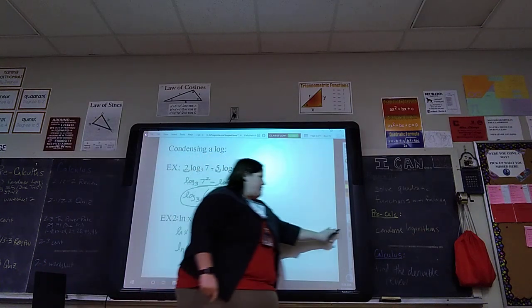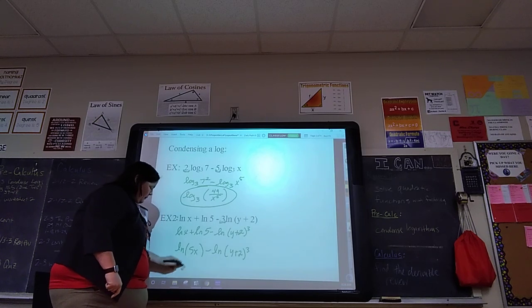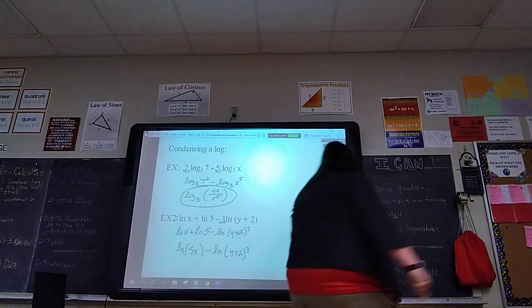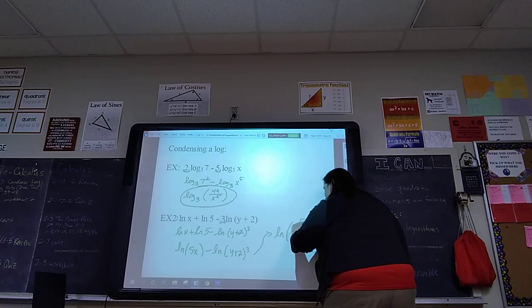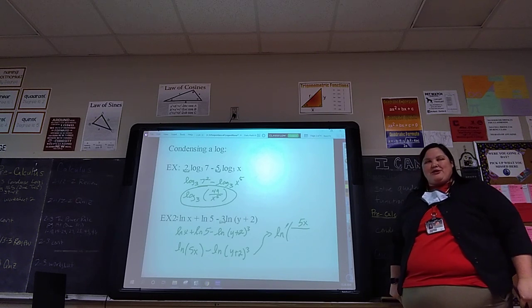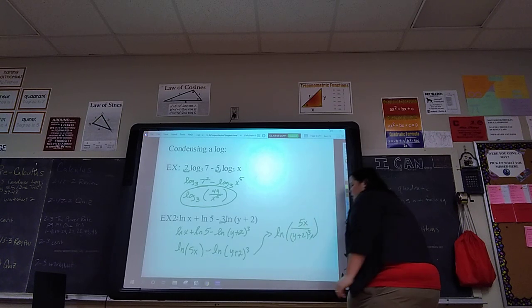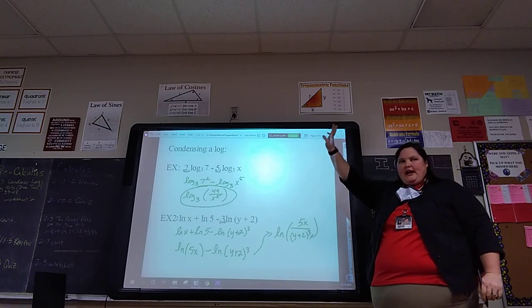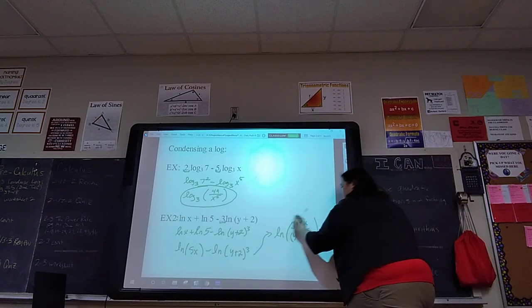Actually, I'm going to move it off to the side because that's pretty long on the page. So the 5x is going to go on top, and then the y plus 3 cubed is going to go on the bottom. So now I've taken it from 3 ln's, down to 2, now it's down to 1, and we have that condensed.